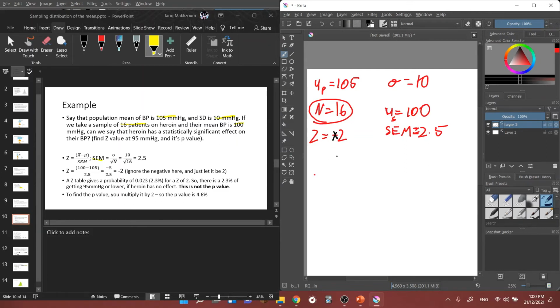So now that we have the z value, we're going to look into a z table, okay? And we're going to look up the value for a z value of 2. And that gives us a value of 0.023.